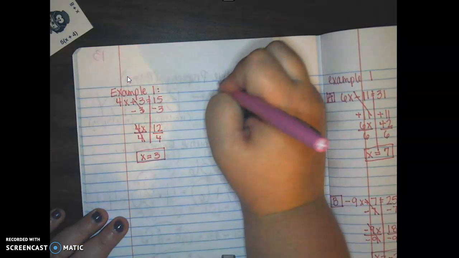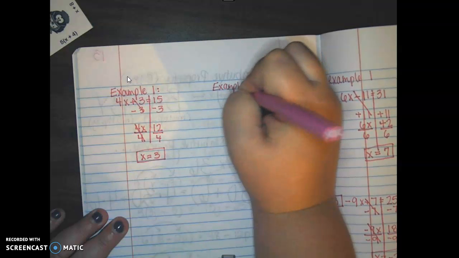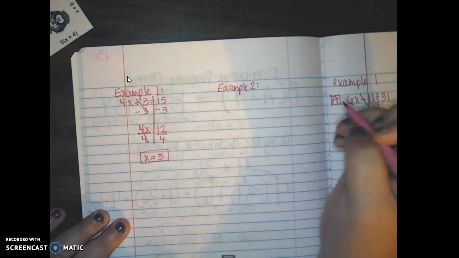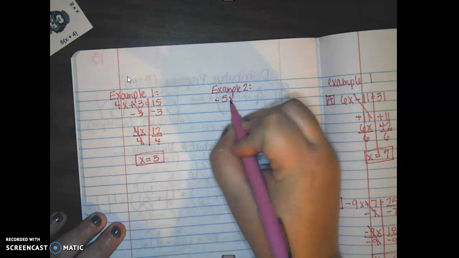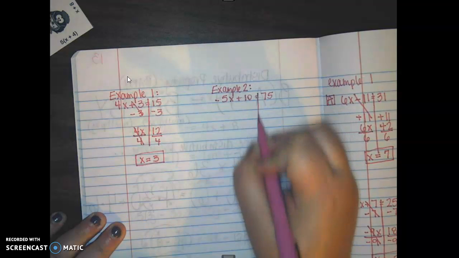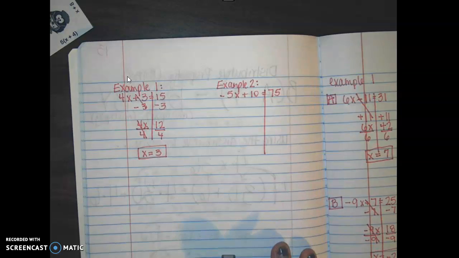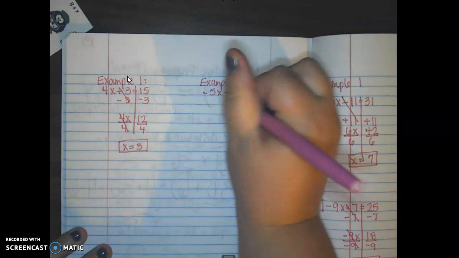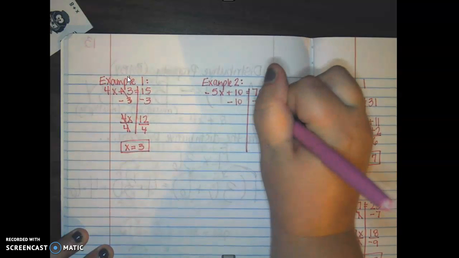All right, we're going to come over here and do example 2. And we have negative 5x plus 10 equals 75. So I'm going to draw my line. The first step is to undo plus 10. So I'm going to subtract 10 from both sides.